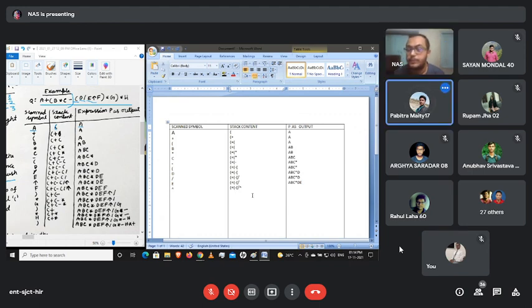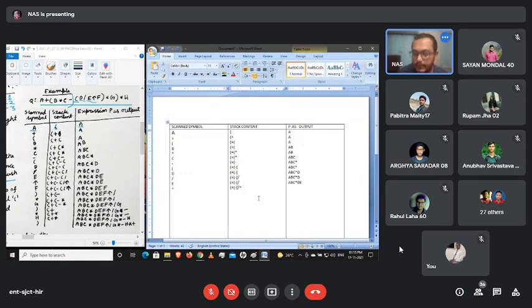No, there will be no changes, because the difference is this one has higher precedence and this one has lower precedence. Exponential has higher precedence than division. If the extreme right one has higher precedence and the left one has lower precedence, then there will be no changes.